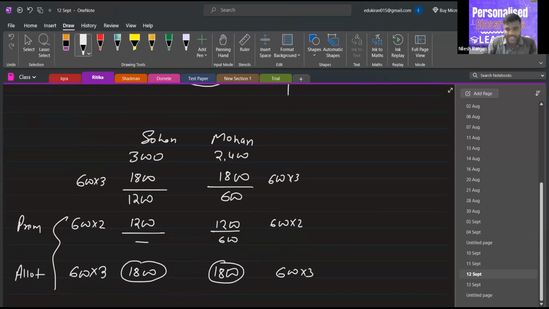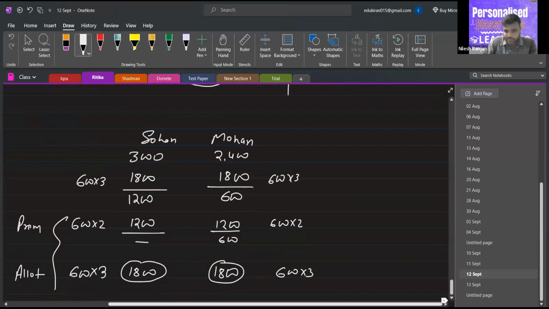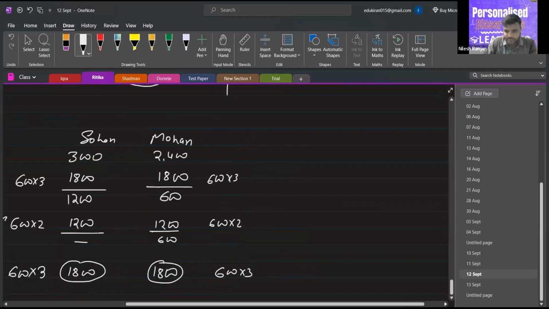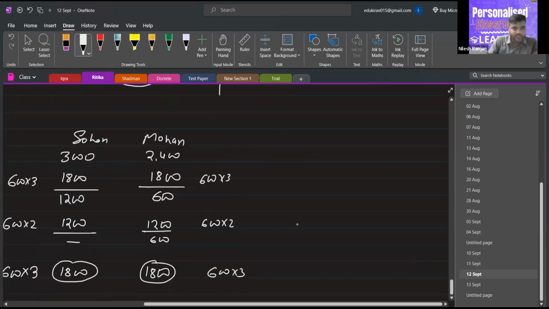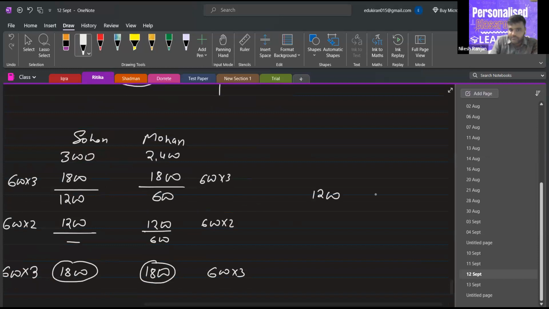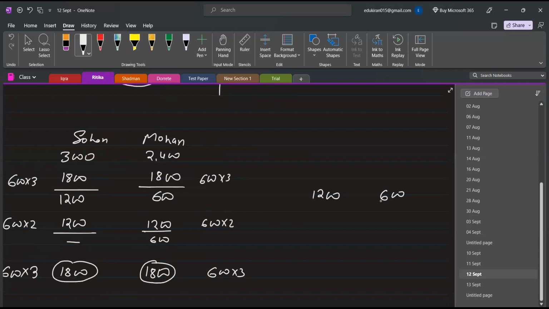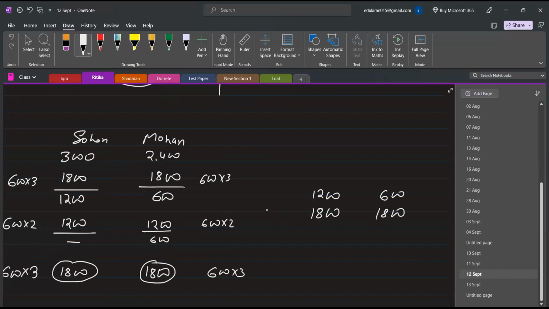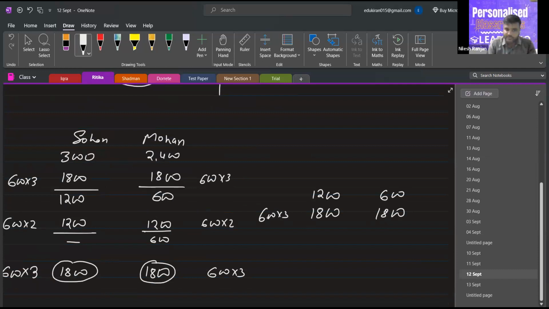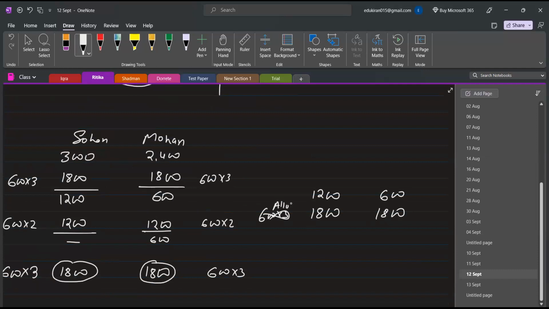Okay. Now the second option that we are doing. In the second option, again, the excess money is the same, 1200 and 600. But it is utilized first for allotment money, and allotment money is 1800 in both cases, 600 into 3.